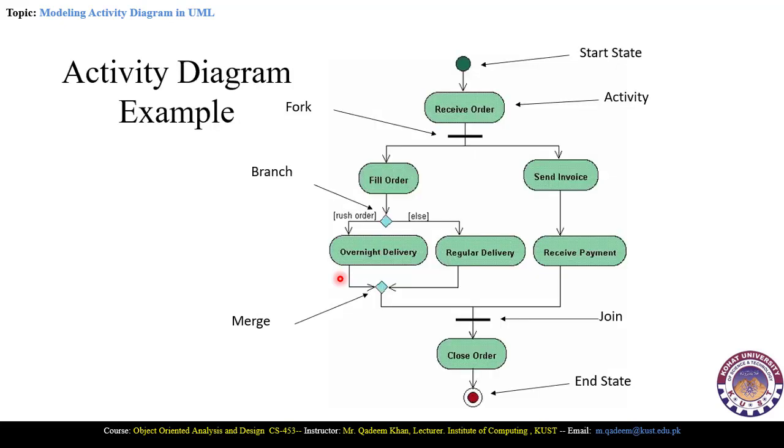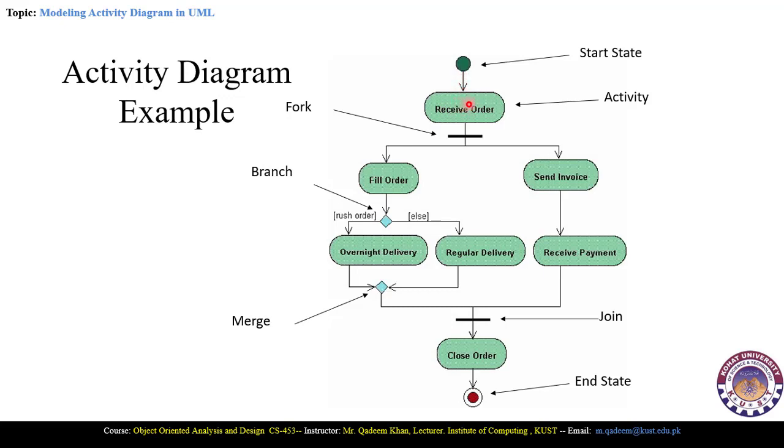Now this is an example of an activity diagram, and it is used to process an order. This activity diagram is used to represent the order receiving and processing system. First, it is the start symbol of the activity diagram. From here, the activity diagram is started, and this is the activity, which means certain actions.